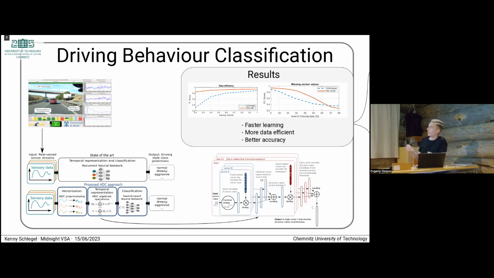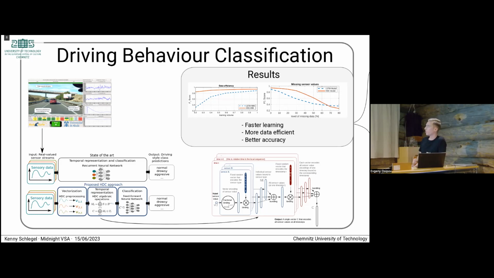In the literature, it was done with an LSTM network, the standard procedure. There we had an idea: what if we use HDC to somehow encode the time and the sensors, and can neglect the LSTM? So replace the LSTM by just encoding the whole series with HDC.